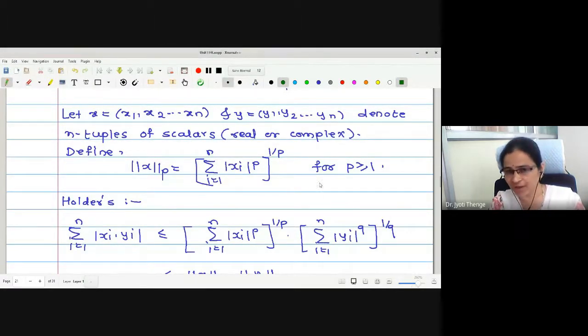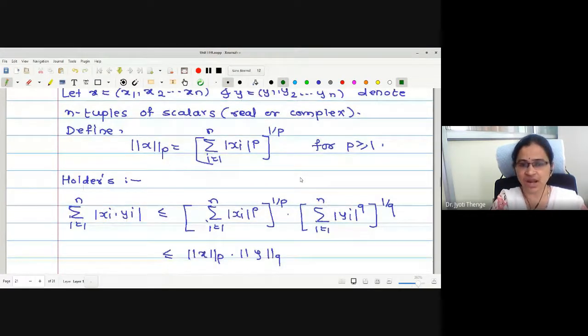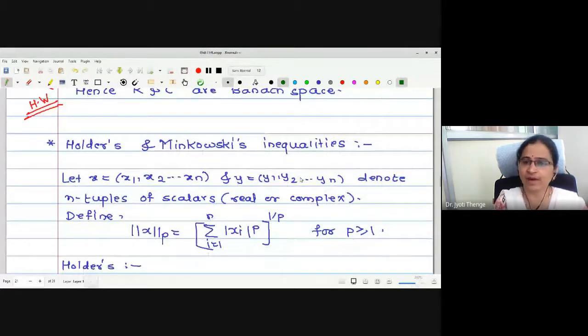If we put the value of p equal to 1, what will happen? I think we have discussed this in the last lecture as well. If I put p equal to 1, how is the norm going to work? This is norm 1 of x equals summation of |xi| raised to 1, bracket raised to 1 upon 1.